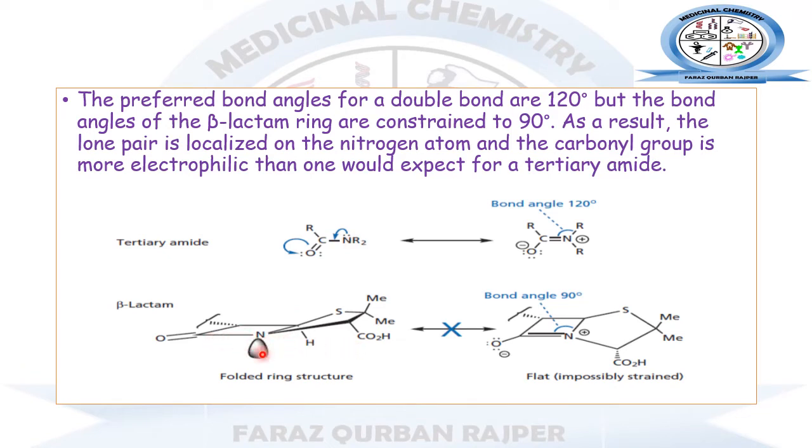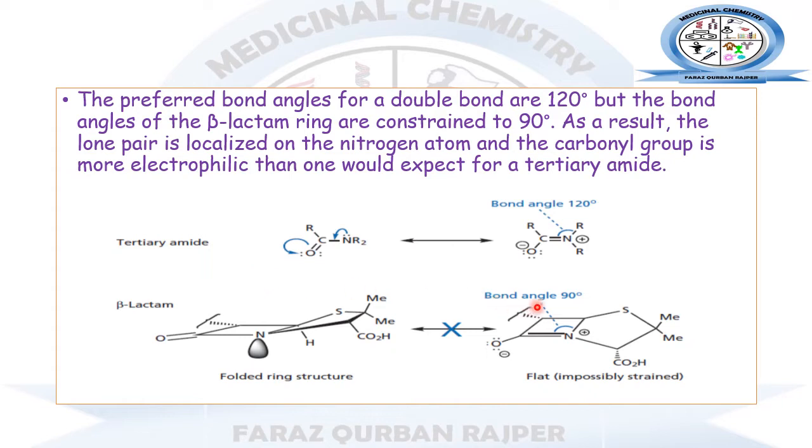This nitrogen will share its lone pair of electrons towards this carbonyl carbon, and ultimately a double bond will be formed between this carbon and nitrogen. But now in this case the bond angle is 90 degrees, which is less in comparison to the 120 degrees of the tertiary amide.